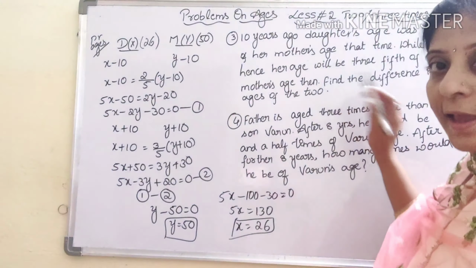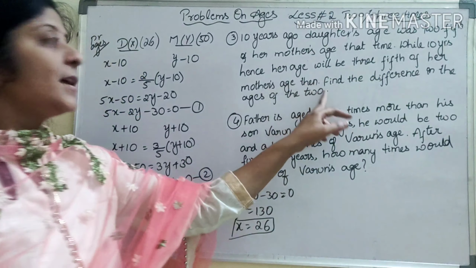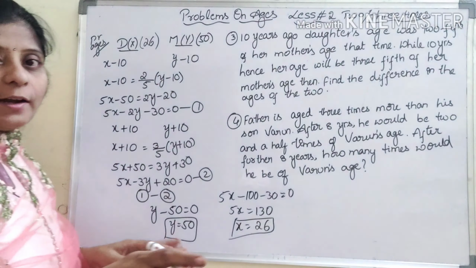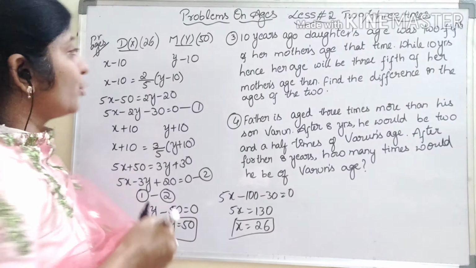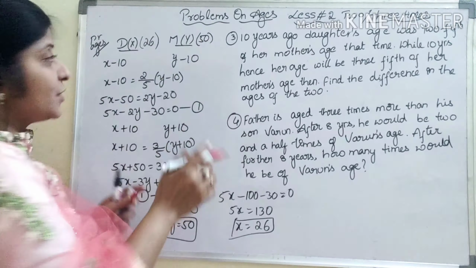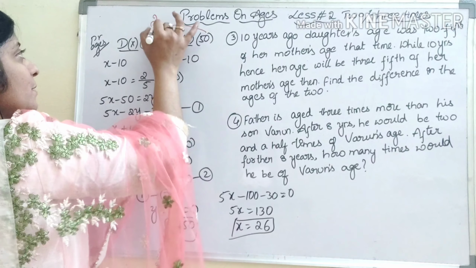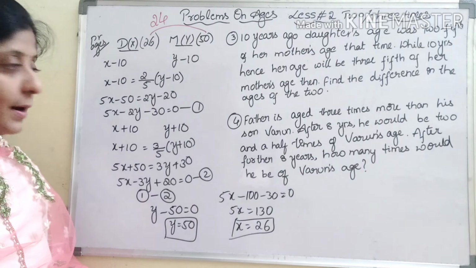And he asked that find the difference in the ages of the two. So we got the present ages. We have to find out the difference of these present ages. 50 minus 26 clearly gives us 24. So we'll go through the next one.